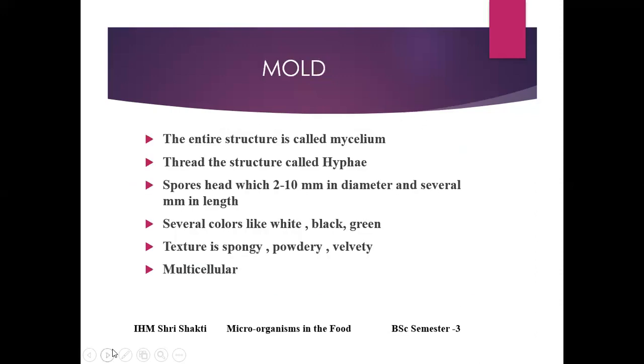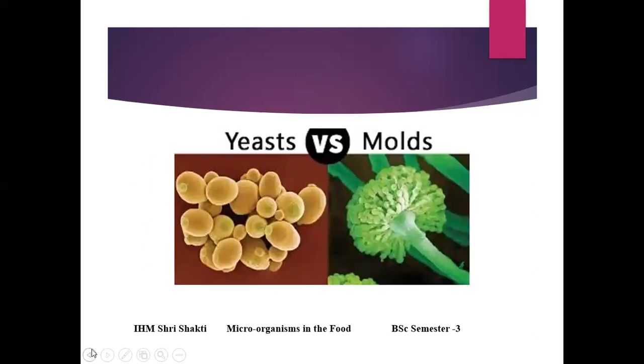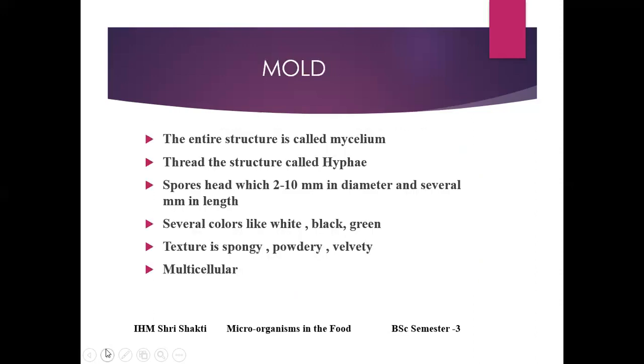Next is the mold. The entire structure is known as mycelium. It has thin, thread-like hyphae. It has spores, spongy heads, as you can see here in the picture, which are 2 to 10 mm in diameter and several mm in length.